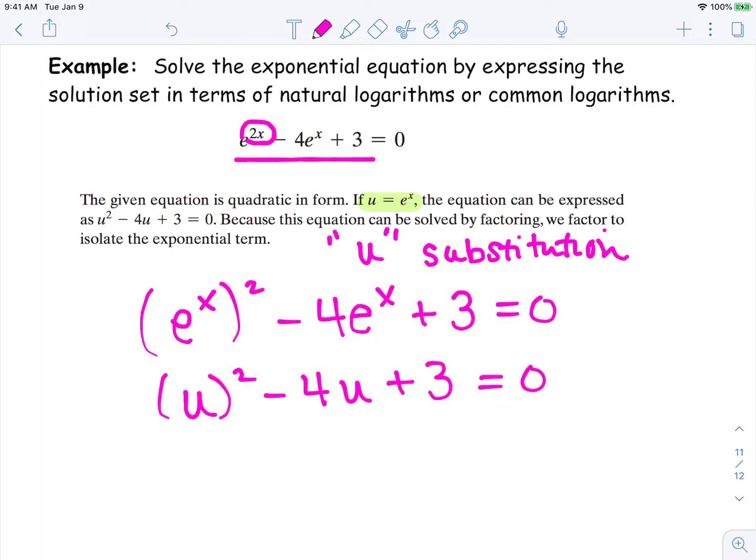Why we use it is it makes it a little easier to see factoring rules. So this is a quadratic trinomial with leading coefficient of 1. So what are the factors of 3 that add to negative 4? Well, that is negative 3 and negative 1.